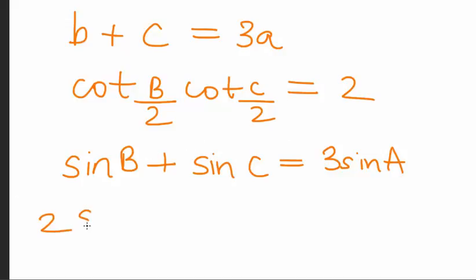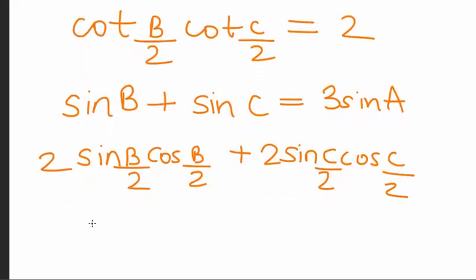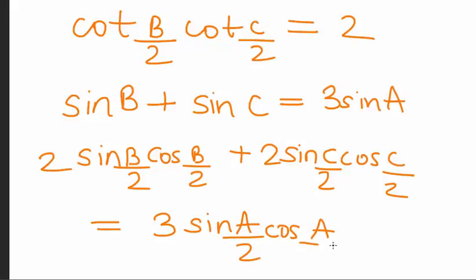So it's going to be 2 sine of b by 2 cosine of b by 2 plus 2 sine of c by 2 cosine of c by 2, is equal to 3 times 2 sine of a by 2 cosine of a by 2. Okay, so now we converted from the whole angle to the half angle.